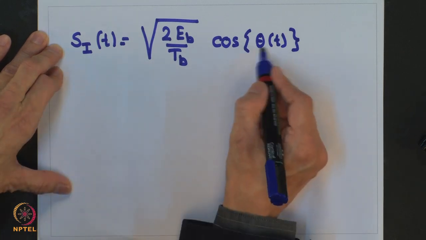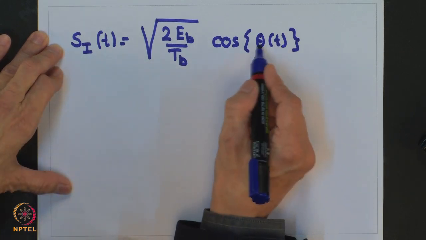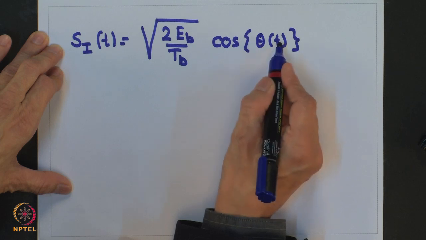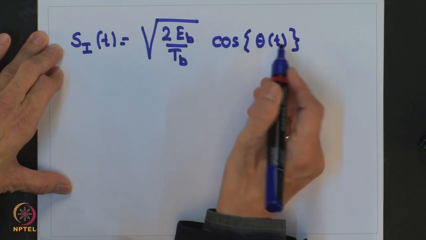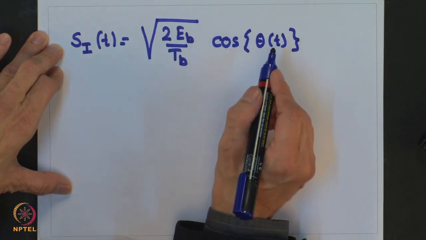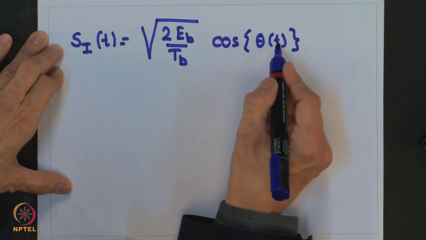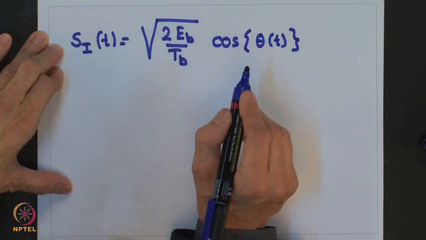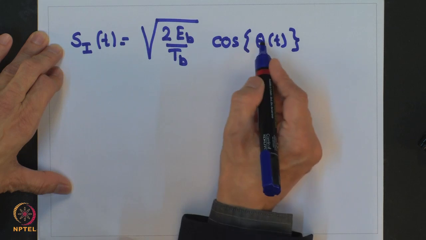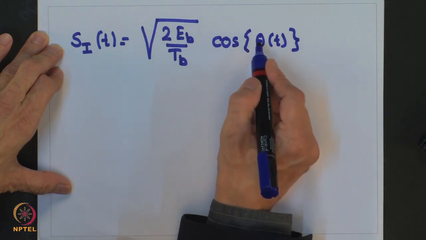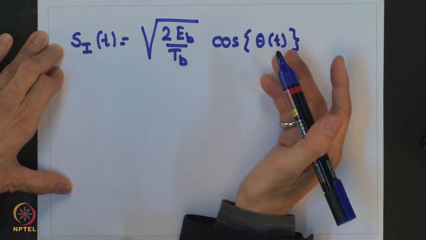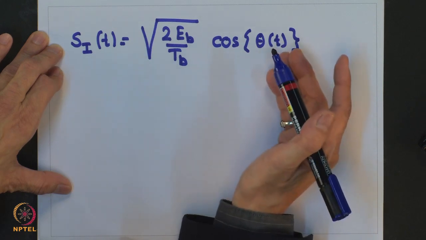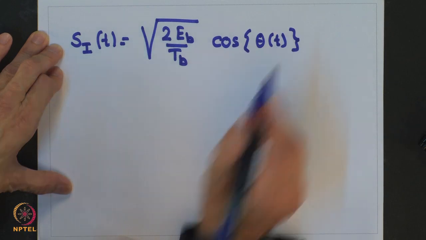Now, between 0 to Tb, theta(t) at t equal to 0 will have value either 0 or pi depending on the past history, right? And at t equal to Tb, the value will go to 0 because theta(Tb) is either going to be plus pi by 2 or minus pi by 2, in which case cos will turn out to be 0.